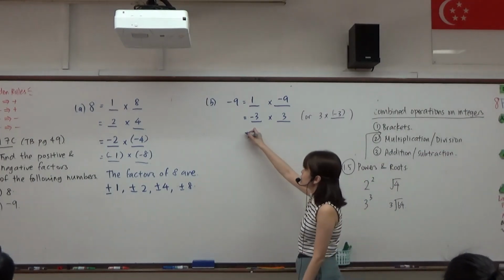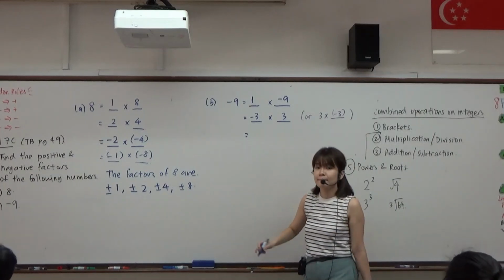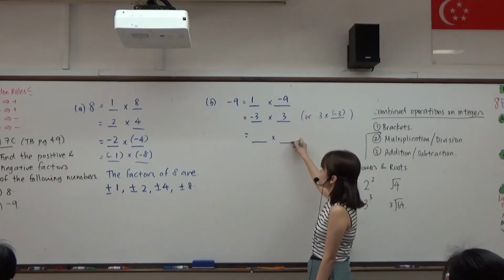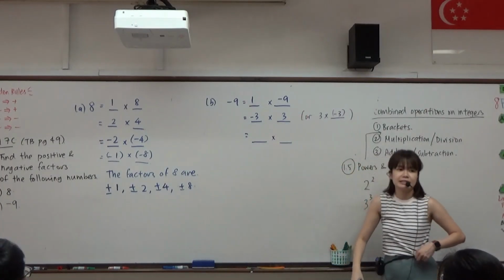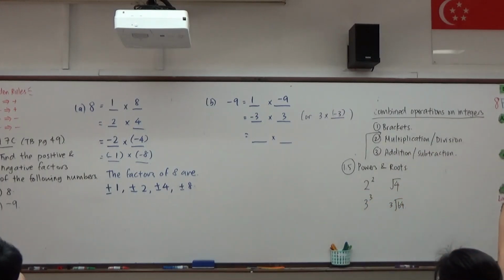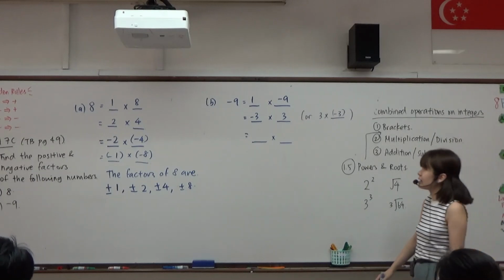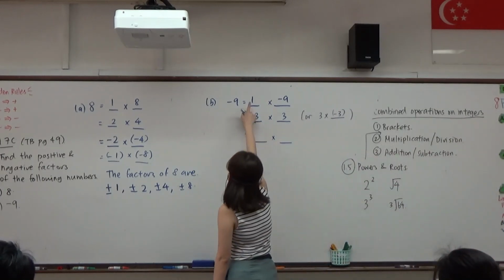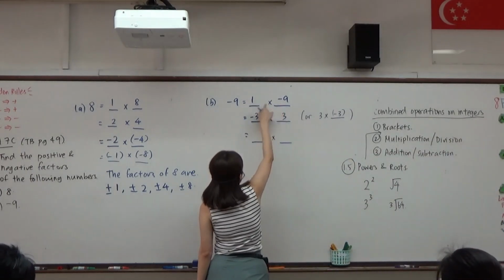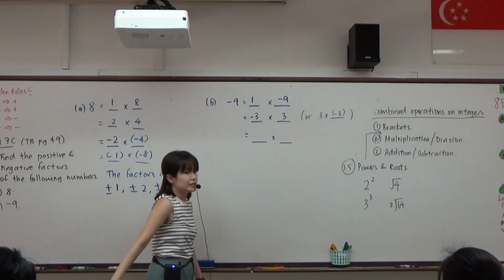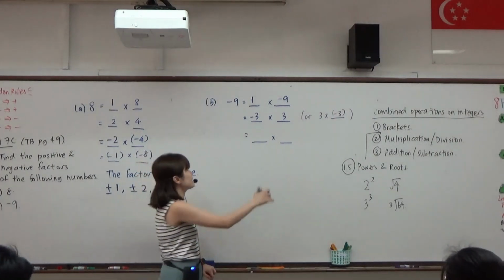What else do we have? Do we have any more? Is this the only combination that can give us negative 9? Plus and minus. We have 1 times negative 9. Anything else that will give us negative 9? 9 times negative 1.